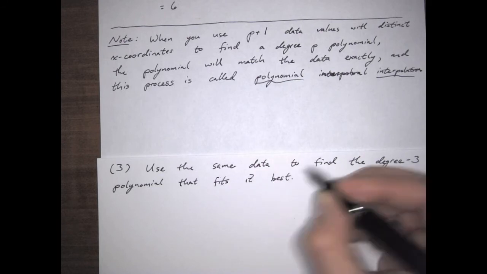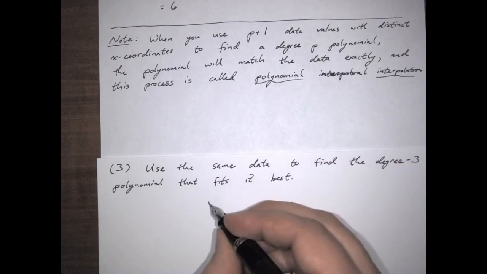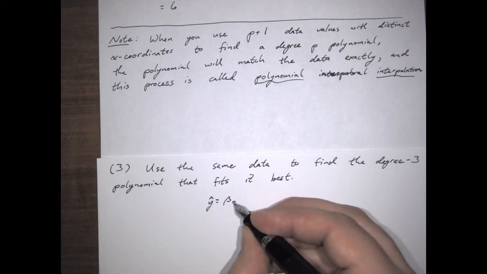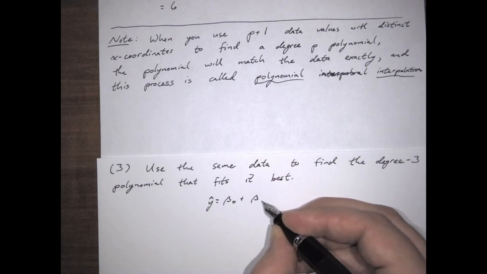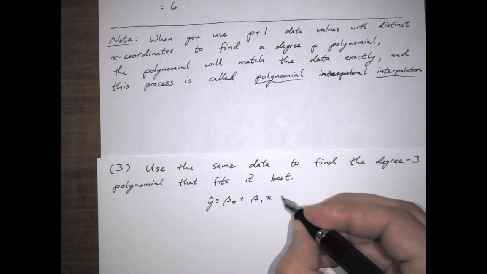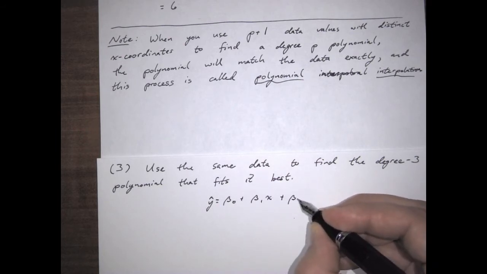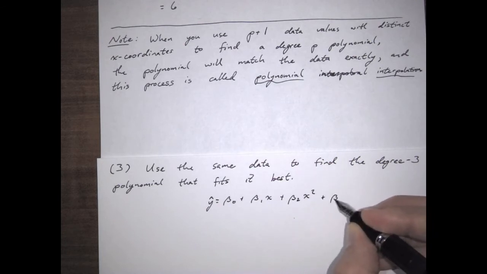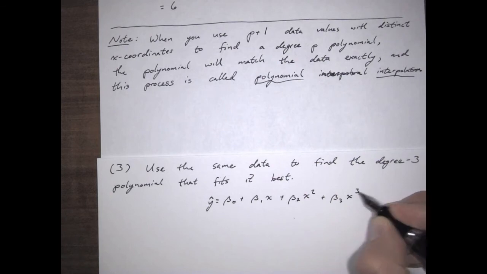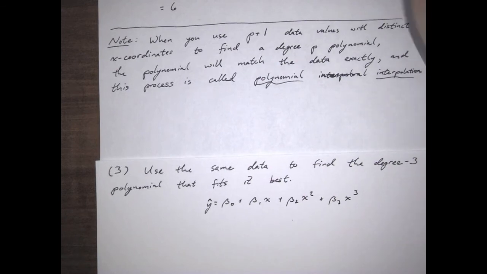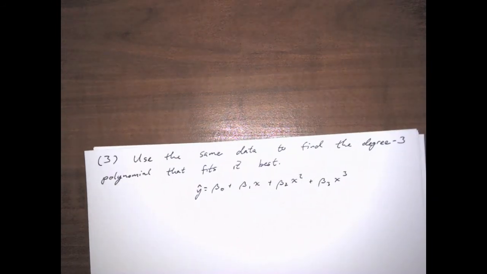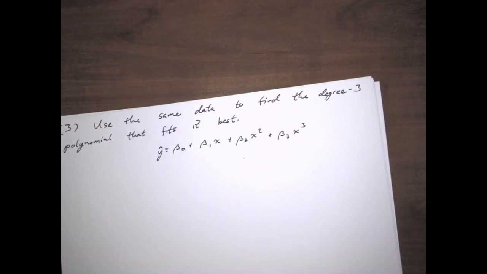In other words, the interpolated polynomial. So y hat is equal to beta naught plus beta 1x plus beta 2 x squared plus beta 3 x cubed. So it's just the cubic of the same basic format as the rest of them.